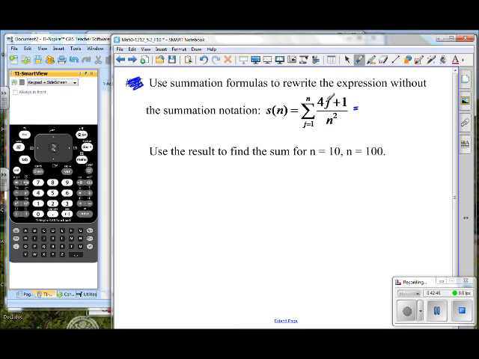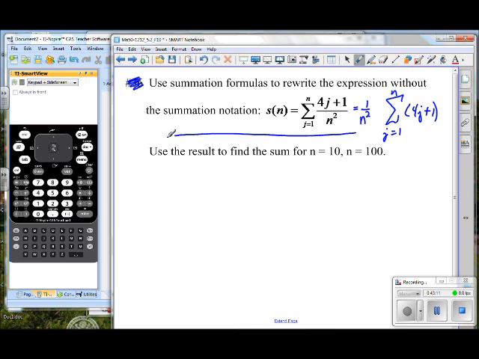J is, for lack of another word, the variable here. N squared is a constant. And so we end up here with 1 divided by n squared, that's that scalar, times the summation as j goes from 1 to n of 4j plus 1.